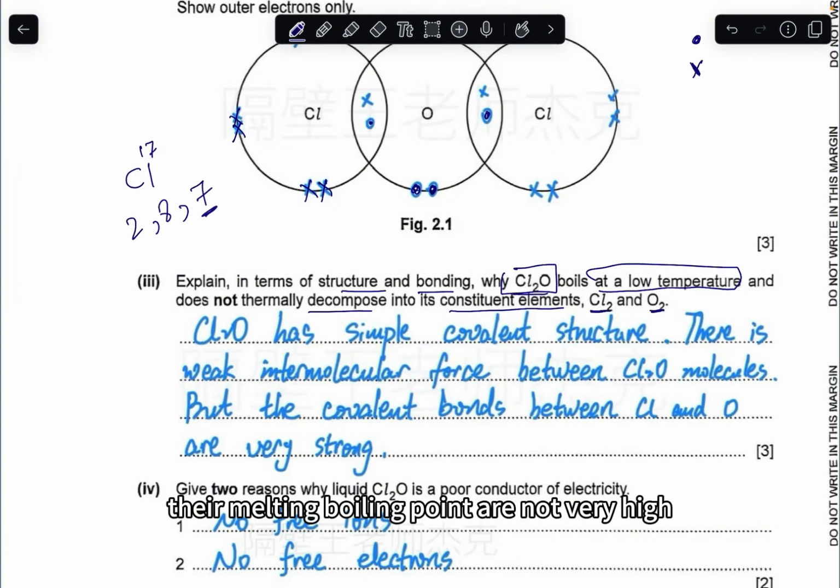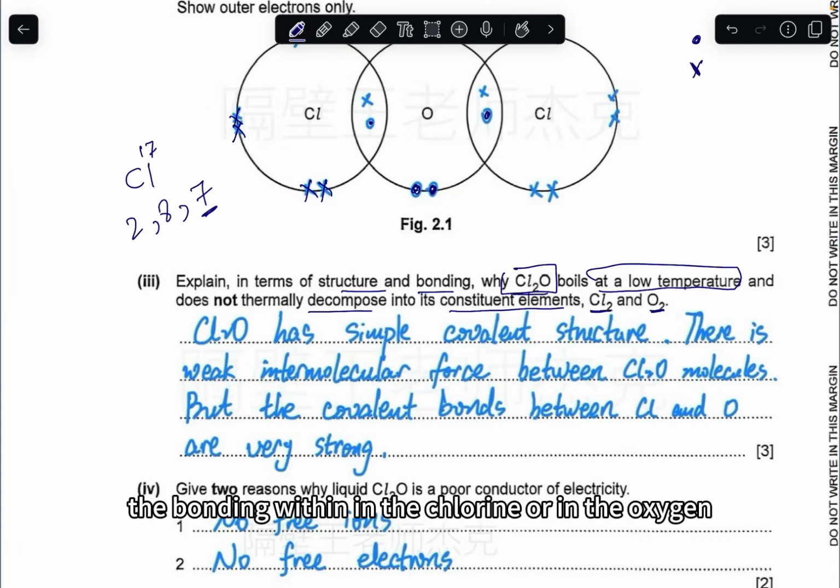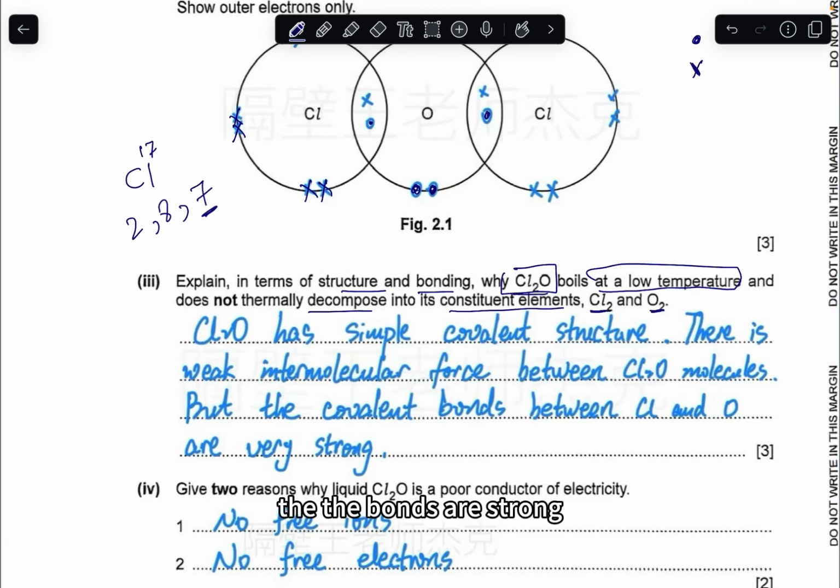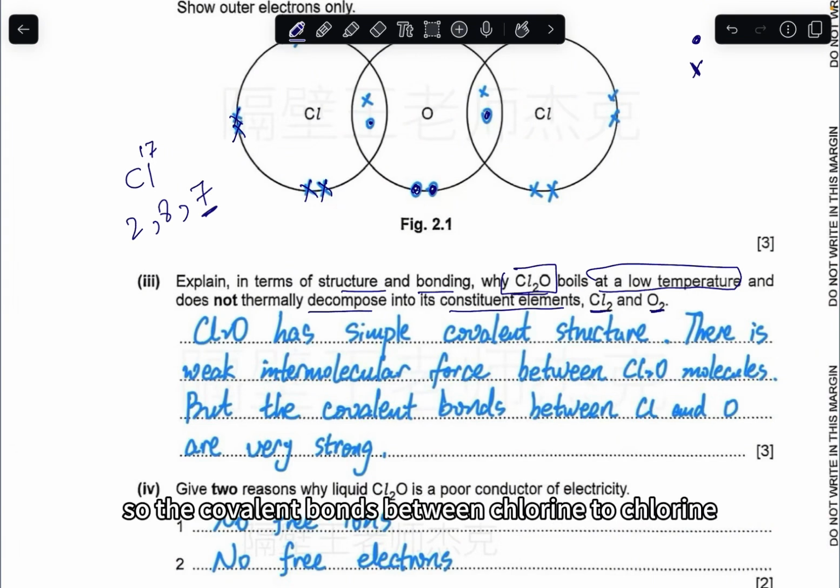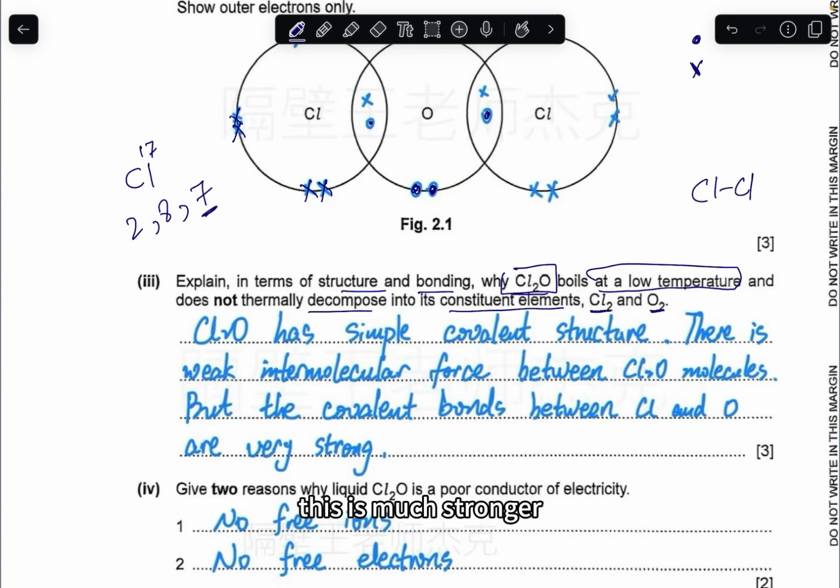Their melting and boiling points are not very high. But if you see the bonding in the chlorine or in the oxygen, the bonds are strong. The covalent bonds between chlorine and chlorine are much stronger, and the oxygen to oxygen bond is also very strong.